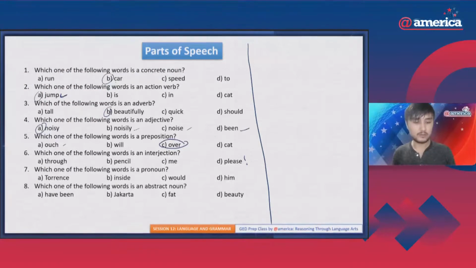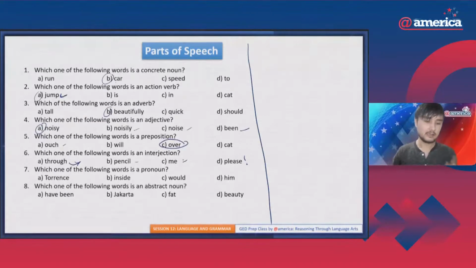This is not very specific, by the way. "Through," we know that through is a preposition. "Pencil," we know it's a noun. "Me," we know that it's a pronoun. And "please" is the only option that we can categorize as an interjection.